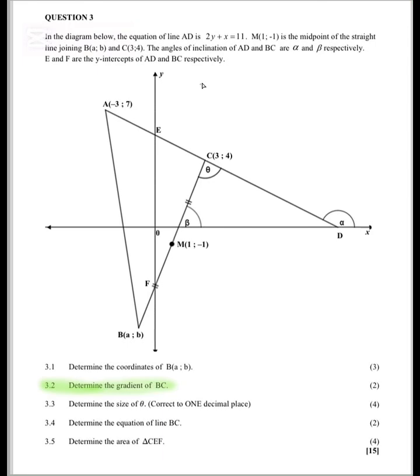Okay, let's just start with BC itself. So we're gonna say gradient BC equals y2 minus y1 over x2 minus x1.